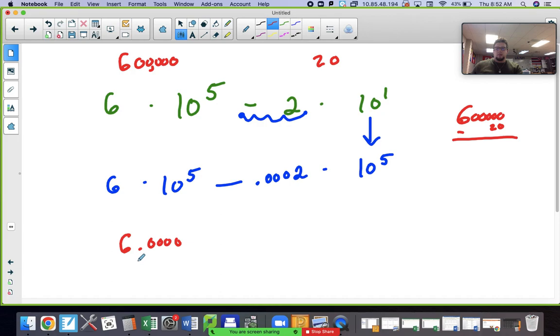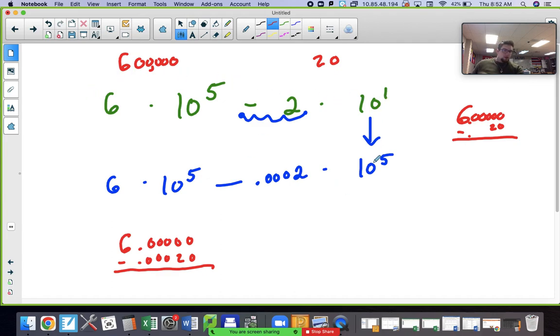And then right here we've got 0.00020. So there's your 600,000, there's your 20. That's what it looks like in scientific notation when we start to subtract. Same process, we've just put the decimals in the same places. That's why we have to change those powers.